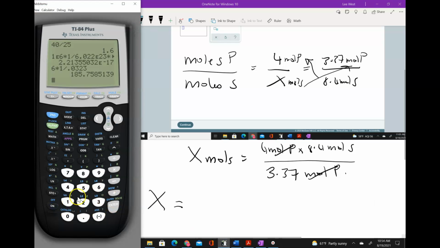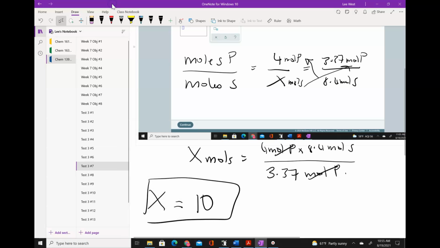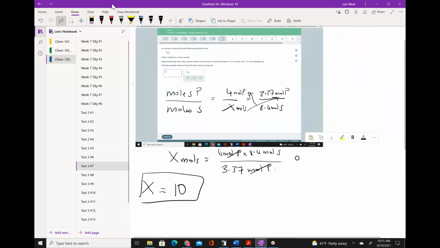Here we go. So we got 4 times 8.4 divided by 3.37 equals 10. There we go. That's good. 10 is a number that is bigger than 4. And that makes sense because in our sample, we had a little over double the moles of sulfur compared to phosphorus.